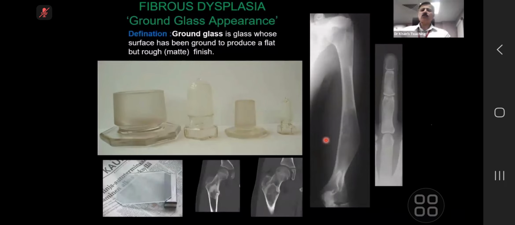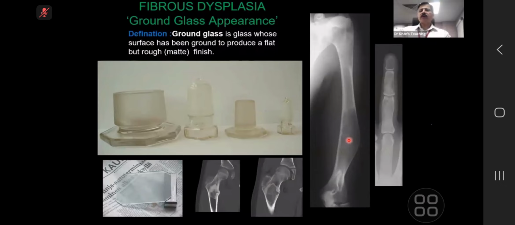If it ossifies to a particular degree, it might give you a ground glass type of appearance. So the take home point is that fibrous dysplasia can be lytic, can be ground glass, and can also be sclerotic. Many times it has got a mixed picture. Don't get confused. And within a long bone, the location is metadiaphysis, just like this example.